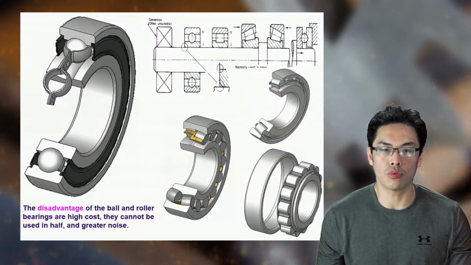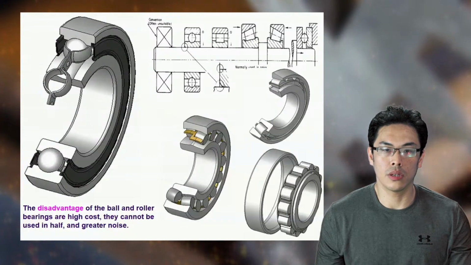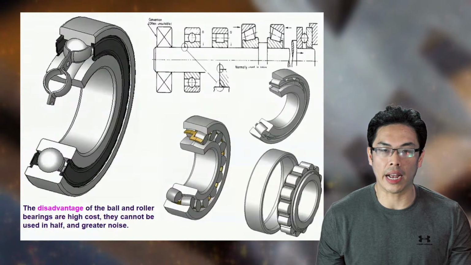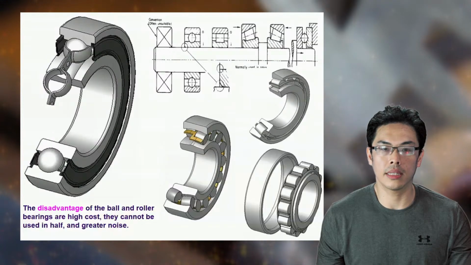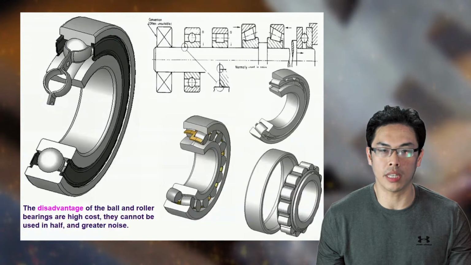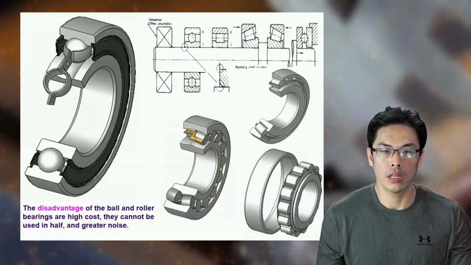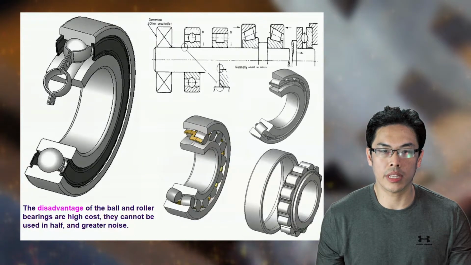This provides rolling action between the races. The radius of the track of balls is slightly greater, 5 to 10%, than that of the balls themselves. Note that the rotating surfaces rotate in opposite directions.